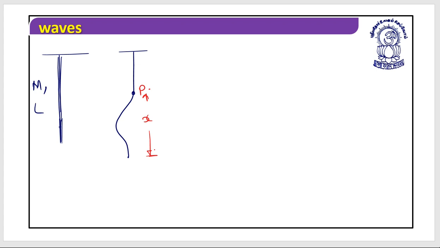So the question is to find out the velocity of the wave at point P, as this pulse has started traveling from the bottom of the rope to this point.